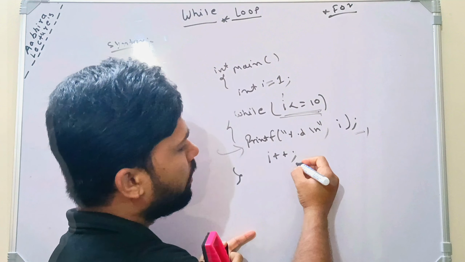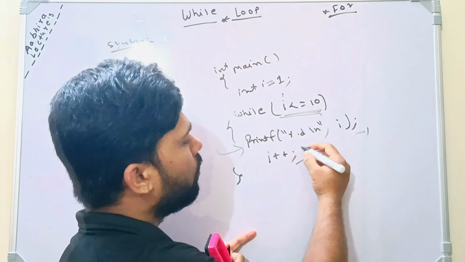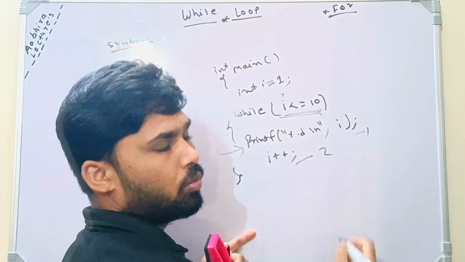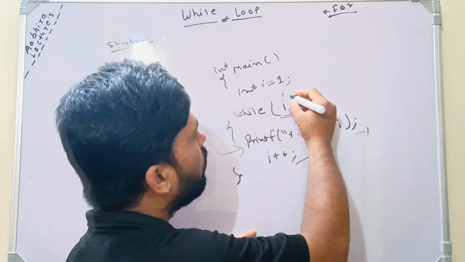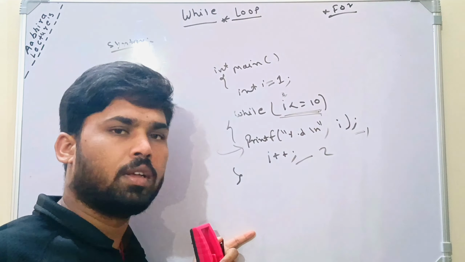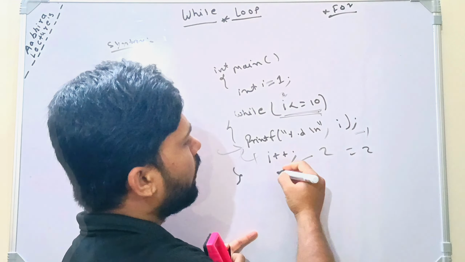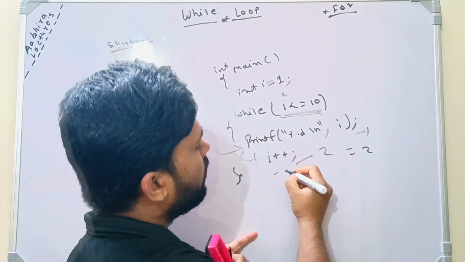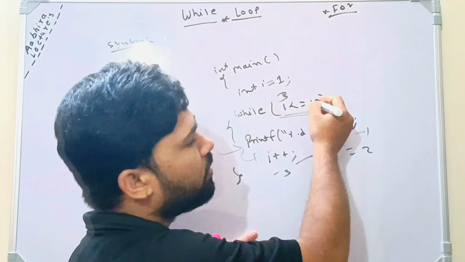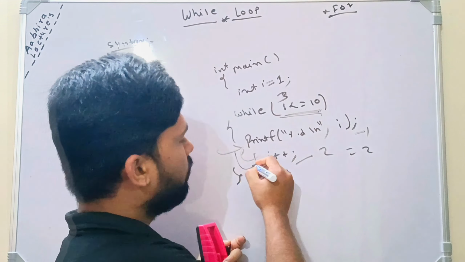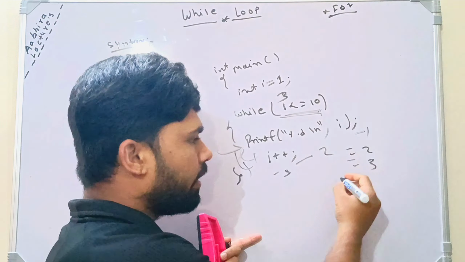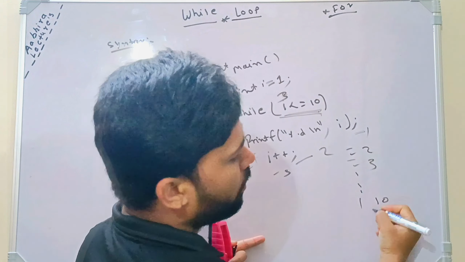Then the increment will happen, i becomes 2. Again it checks 2 is less than or equal to 10, yes, so it prints 2. Again i becomes 3, 3 is less than 10, true, so it prints 3. Like that it will print up to 10.